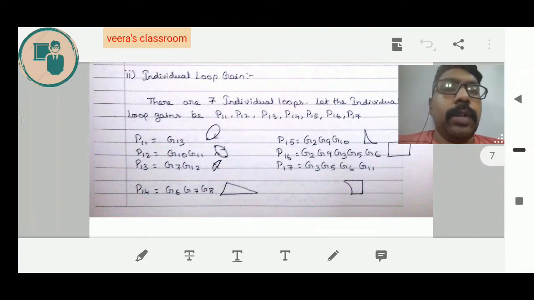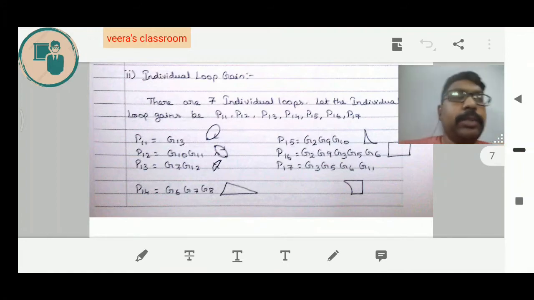The way I have named these: in P11, the first subscript represents the individual loop gain, and the second number, 1, 2, 3, represents the number of the individual loop. So P11 is the first loop gain, P12 the second, P13 the third, P14 the fourth. In such a way I have created this numbering, from P11 to P17.